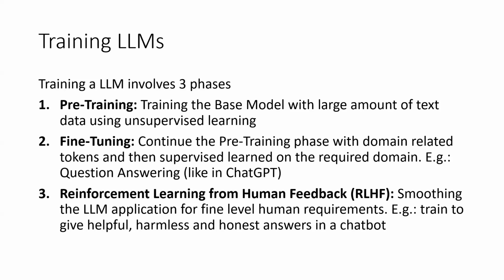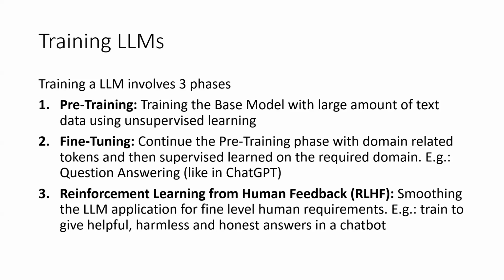Here we are using reinforcement learning for training. After fine-tuning, we get the fine-tuned LLM, which is known as the instruct LLM, because we are using instructions to fine-tune the large language model. This instruct LLM is used with reinforcement learning with human feedback.